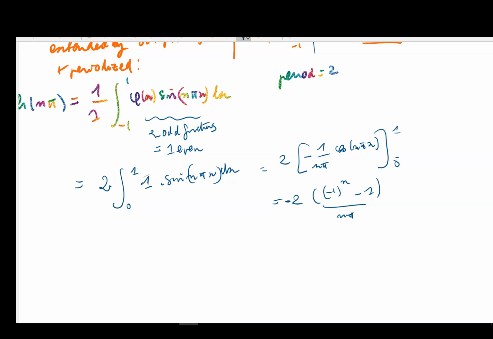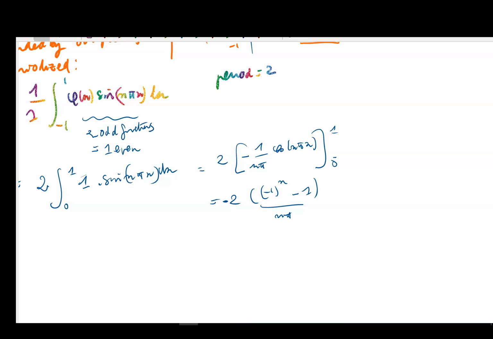So it's going to be equal to 0 for every even index. And if it's not even, it's going to be equal to negative 2 times negative 2, so plus 4 over n pi if n is odd.